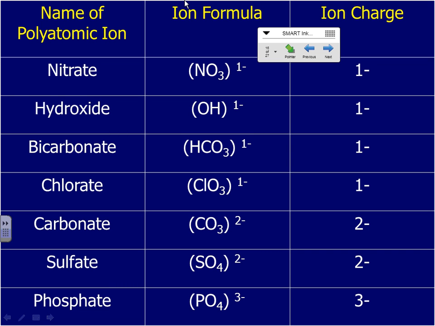Why do all of them have "ate" endings and then hydroxide has "ide"? Well, this is essentially a carbonate with an H stuck on the front, so it's going to get the "ate" ending. Hydroxide is really a completely different thing.